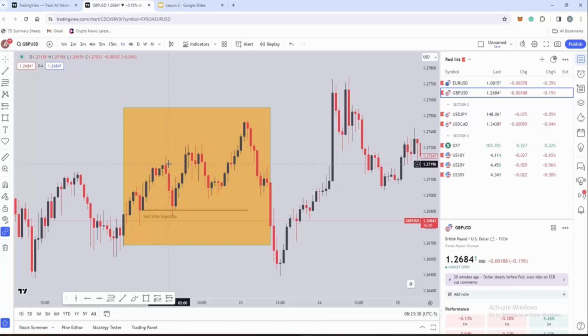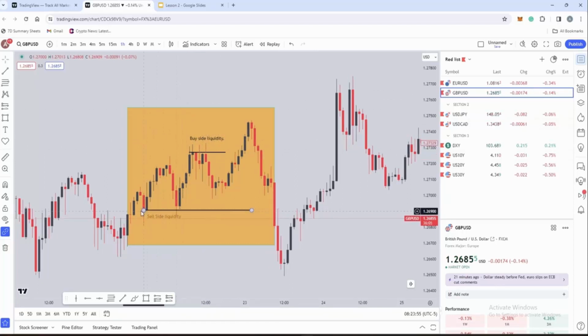And here there's buy side and buy side. And the reason it's buy side liquidity, as you can see, a bunch of equal highs.